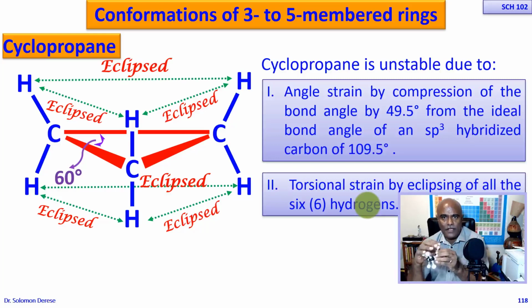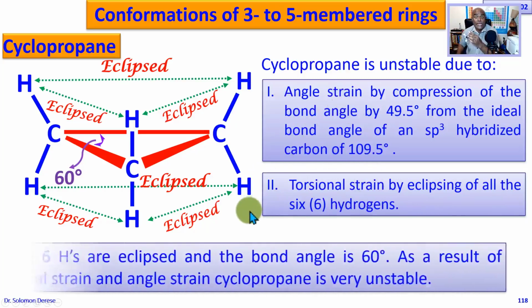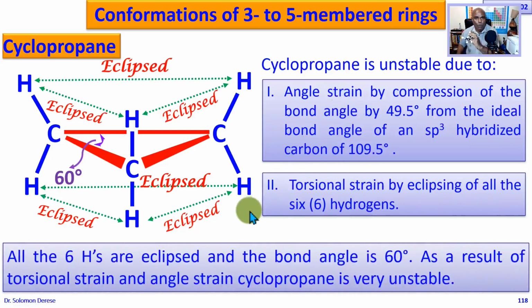As a result, a lot of torsional strain. Because of this combination of angle strain and torsional strain that cannot be avoided at all, cyclopropane is the least stable of all the cycloalkanes.